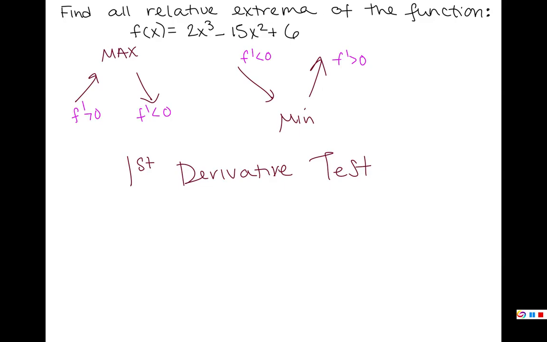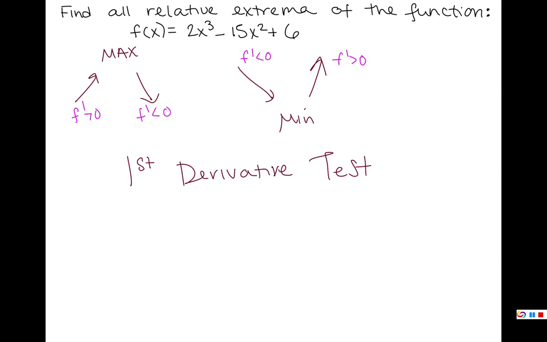If you have plus signs and then minus signs, that means your derivative is positive and then negative. So your function would be increasing and then decreasing. That means you have to have a max.